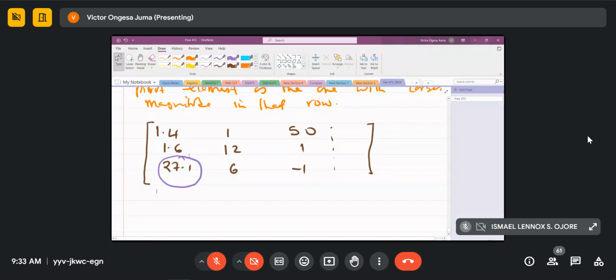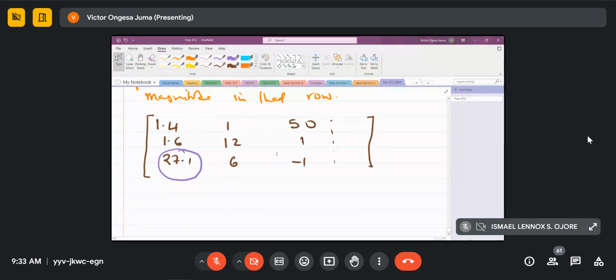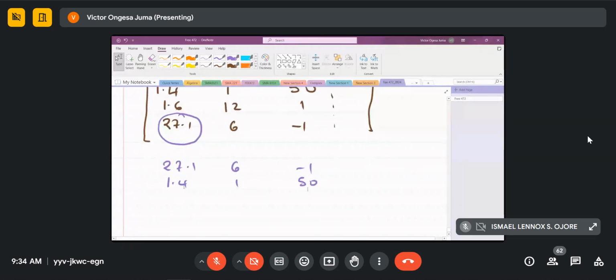And so once you identify that one, you make that one the pivot. So it means you swap the rows so that it becomes the pivot. And so you rearrange the system such that you have 27.1, 6, minus 1, and then 1.4, 1, 50, and then I have 1.6, 12, and 1. So basically that's what the partial pivoting does. So from here to here, I've applied partial pivoting.